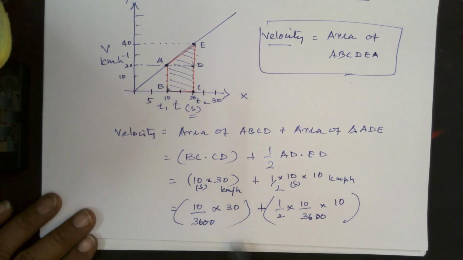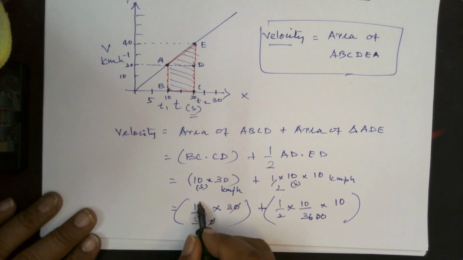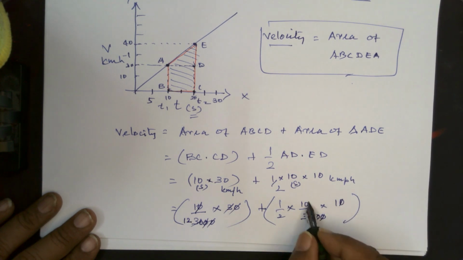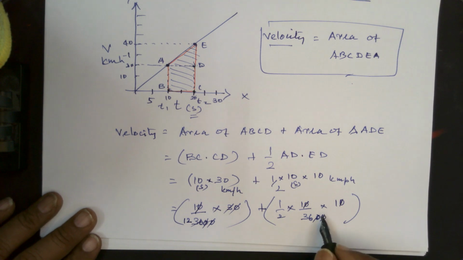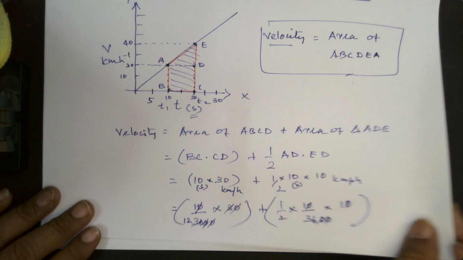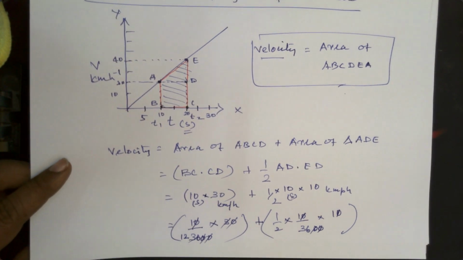Right. So you can cancel the zeros, and this is 12, and this one also cancelled. Okay. And this is 1 by 2 into 36. Right. So 1 by 12 is equal to 1 by 12 plus, what about this one? 1 by 72, because 2 into 36.